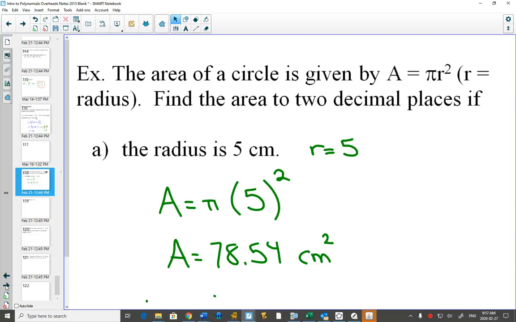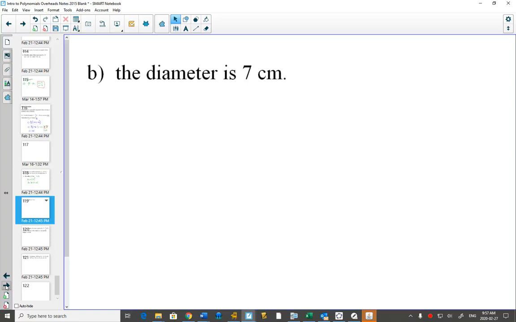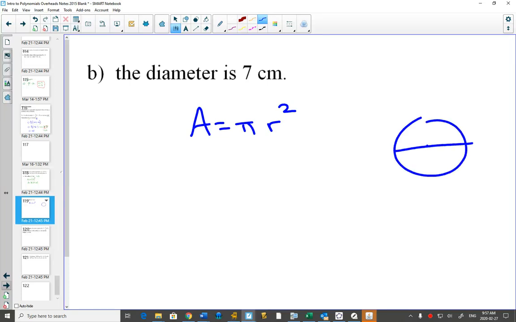Part B. They tell us the diameter is 7. So I have my formula, but my formula doesn't have a diameter in it. It has a radius in it. You just have to take half of it, right? The diameter, remember, our definitions are so important. Our diameter is all the way across. Our radius just goes from the center. So if our diameter is 7, our radius would be 3.5.